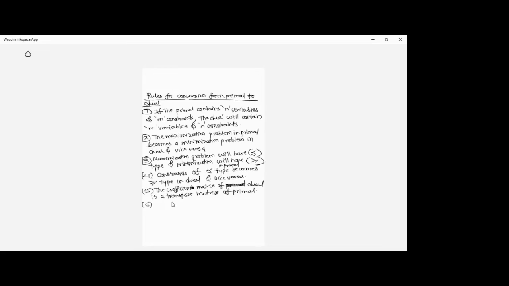There will be new sets of variables, y1, y2, and so on. I won't be repeating it here again.